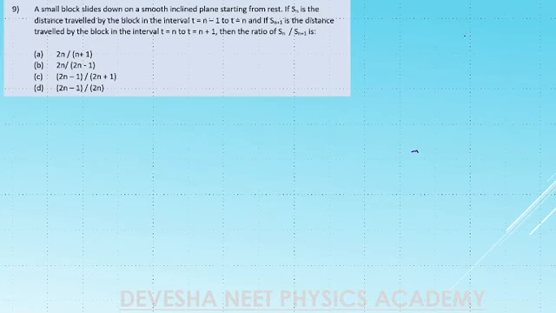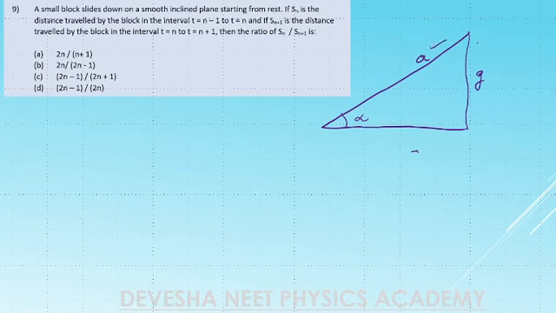So imagine I have an incline here. It's like this. This is alpha, and this is g, and this is the acceleration in this direction.